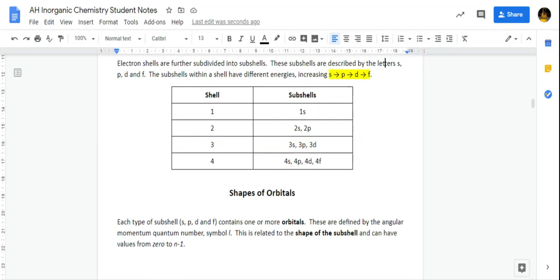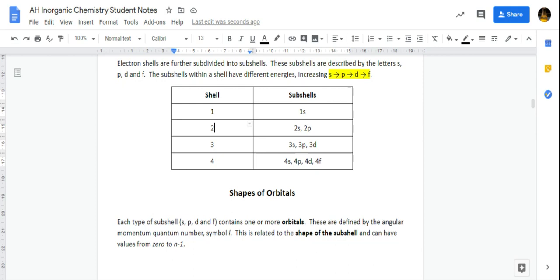In the first shell, so this is principal quantum number n equals 1, there is one subshell called the 1s. This shows that it's within the first shell. In energy level 2, so shell 2, there are two subshells, the 2s subshell and the 2p subshell. Remember that the angular momentum quantum number can have a value from 0 to n-1.